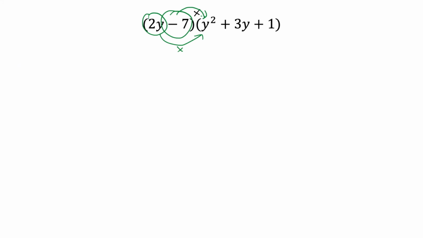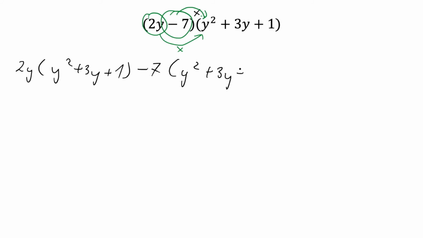So if I rewrite the same expression, doing that multiplication, I'll get 2y times the second bracket, y squared plus 3y plus 1, minus 7. We always have to be careful about that sign. Minus 7 times y squared plus 3y plus 1.